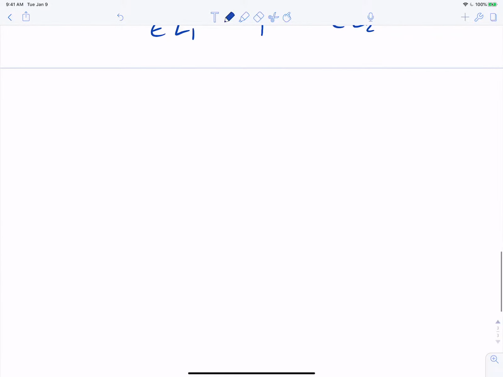Okay, so what are the things that we want out of this model? Well, we want to have transitions that don't read anything.